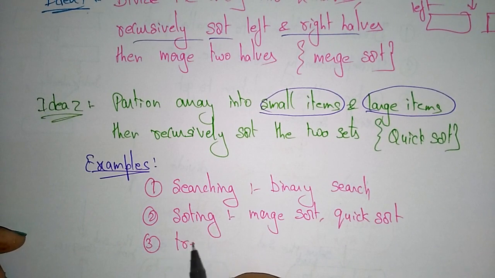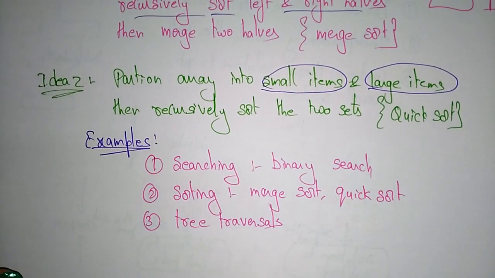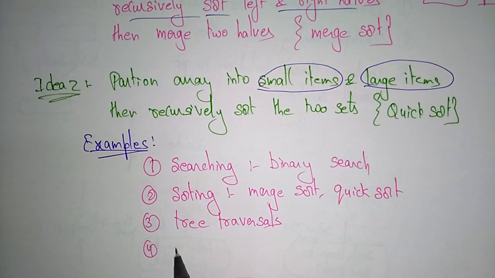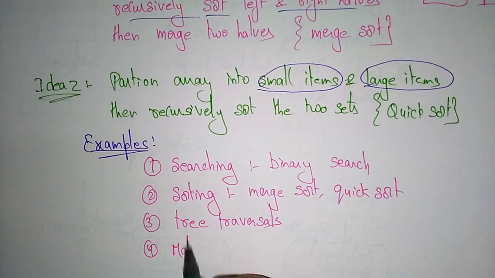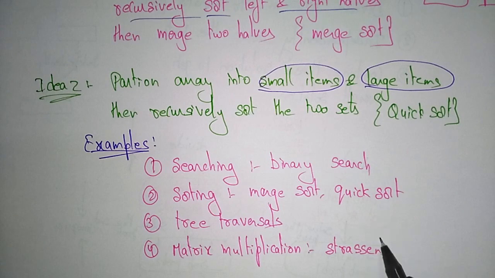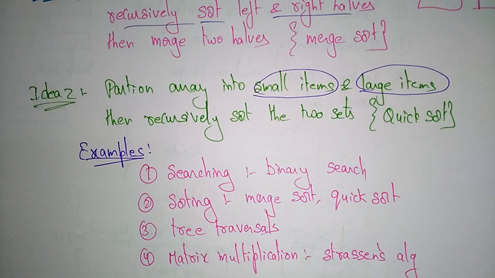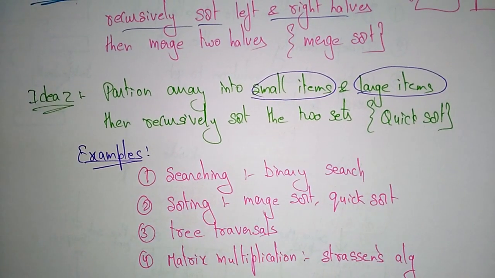Next, tree traversal. In tree traversal also we use divide and conquer methods. And the fourth one is matrix multiplication, and the example for this is Strassen's algorithm.